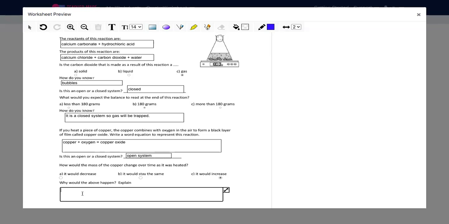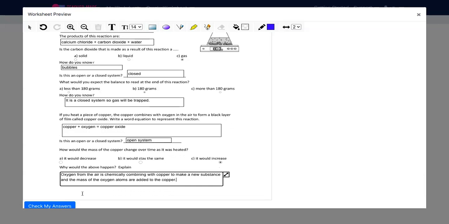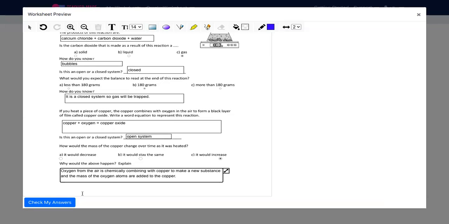And the reason why is because oxygen from the air is chemically combining with copper to make a new substance, and the mass of the oxygen atoms is added to the copper. And again, that oxygen is coming out of the air and reacting with the copper, and so it's actually adding mass to the system.